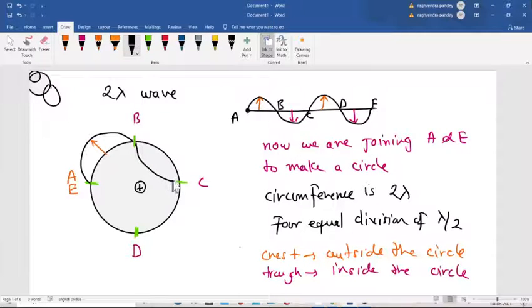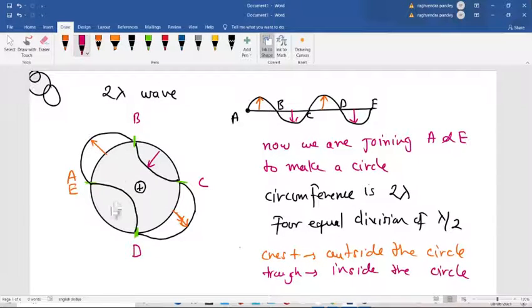So that is your trough, B to C. Then again C to D is a crest. And D to E, it is a trough, going inside.